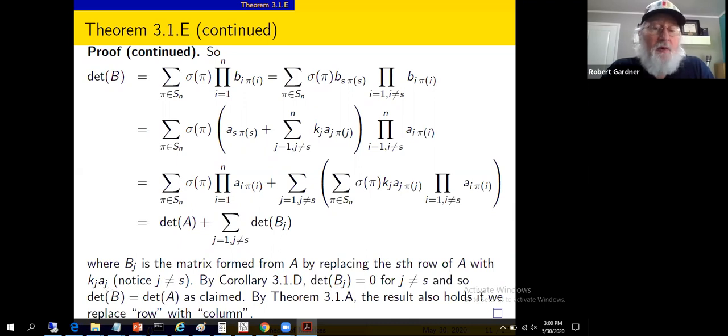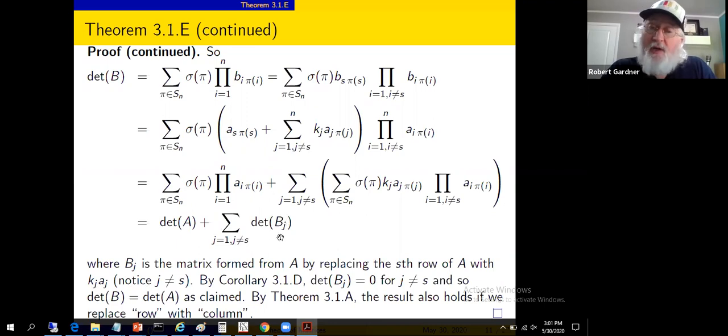The jth row of B sub j is A sub j. j and S are different, so the jth row of B and the S row of B are such that one is a multiple of the other. So the determinant of B sub j is 0. That holds for all of these B sub j matrices. All these determinants are 0.